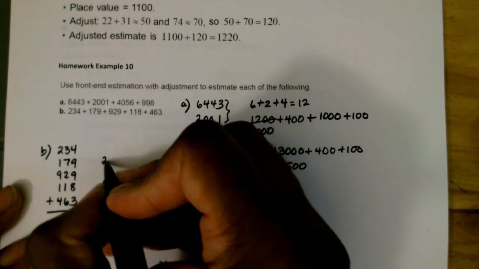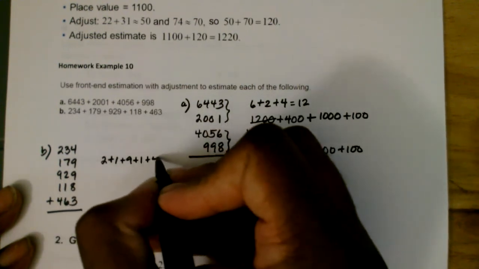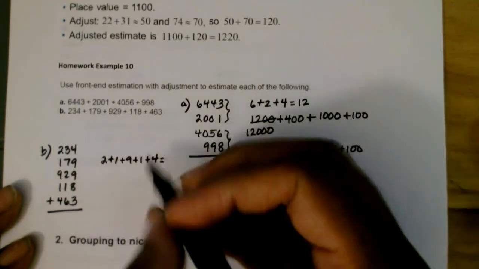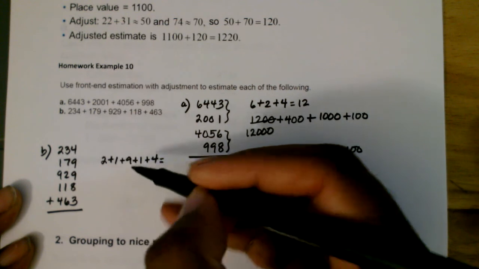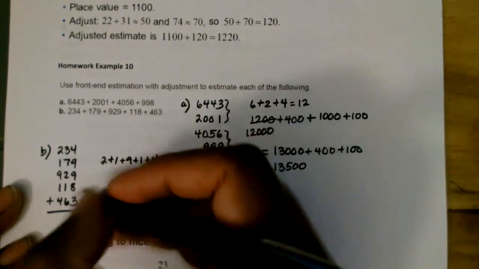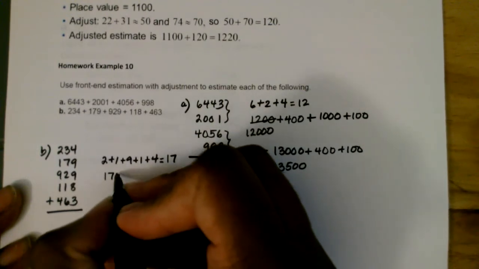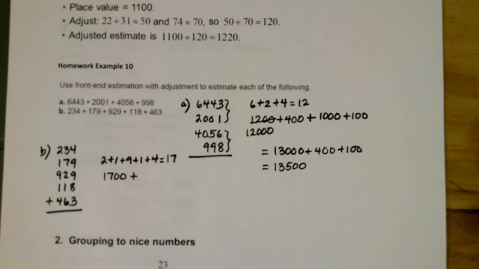Those front end numbers, the 2, the 1, the 9, the 1, and the 4. If I add 2 plus 1, that's 3, plus 9 is 12, plus 1 is 13, plus 4 is 17. And these are in the hundreds place, so 1,700 would be part of that. And that comes from the place value.